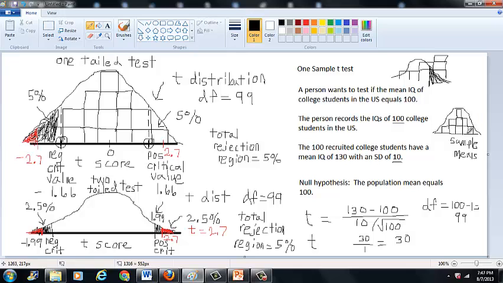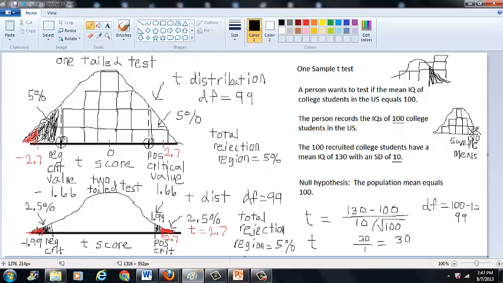If the sample means are normal, meaning if our data set, which had a mean of 130, let's say 130 is up here, our data set has a mean of 130 up here.